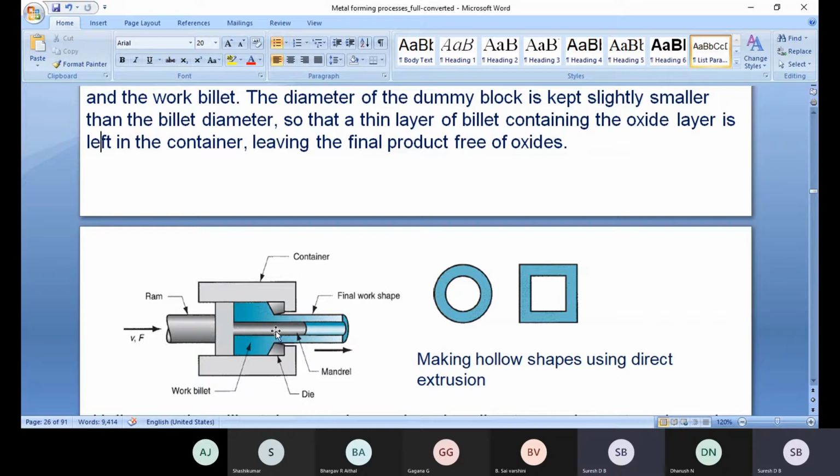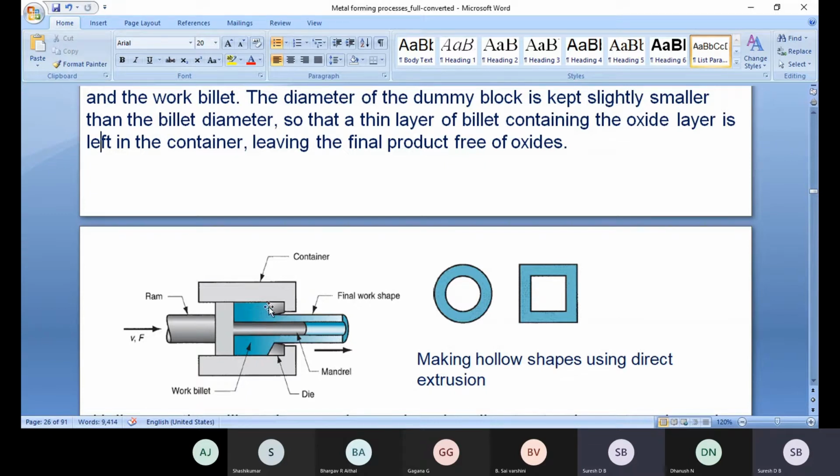You can increase the gap between the die and the mandrel to increase the thickness of the tubes. If you maintain a smaller gap between the die and the mandrel, you decrease the thickness of the tubes. Depending on the application and the thickness of the components, you can increase or decrease the gap between the die and the mandrel.